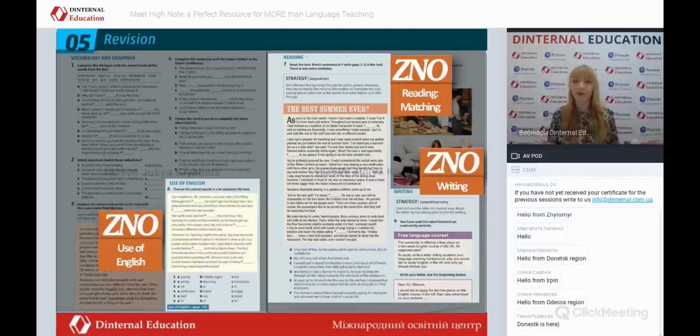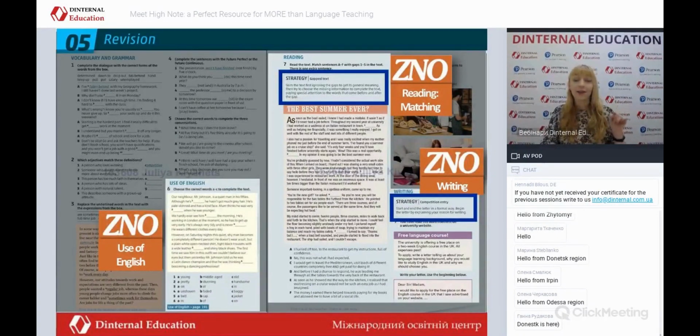So all parts of exam prep are covered here in these revision spreads, which is absolutely effortless. So you do revise the material from the unit, and at the same time, once again, you practice for your exams. I think it's just amazing because it really saves you time. It's all in one place.